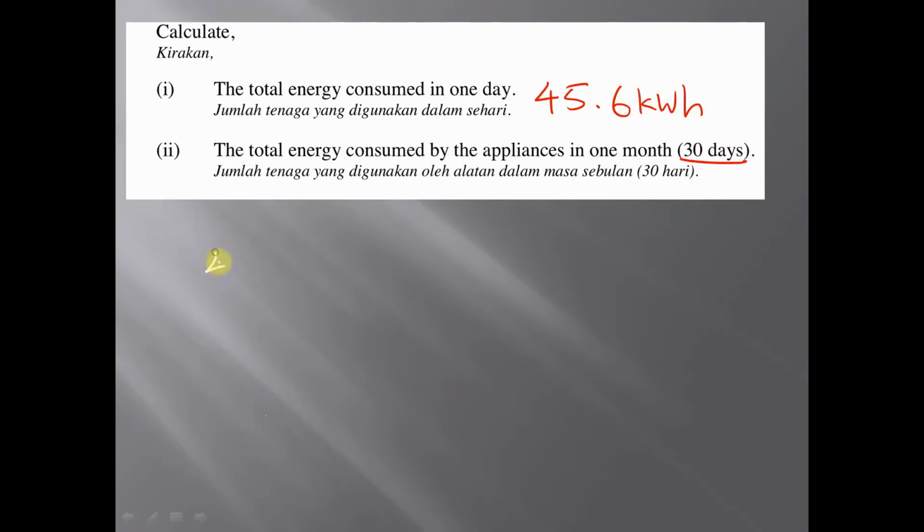This 45.6 kilowatt hour is per day, so we just have to multiply by 30 days. You can use a calculator. 45.6 multiplied by 30, you will get 1,368 kilowatt hour. That will be your answer for the usage. You can say it is 1,368 units.